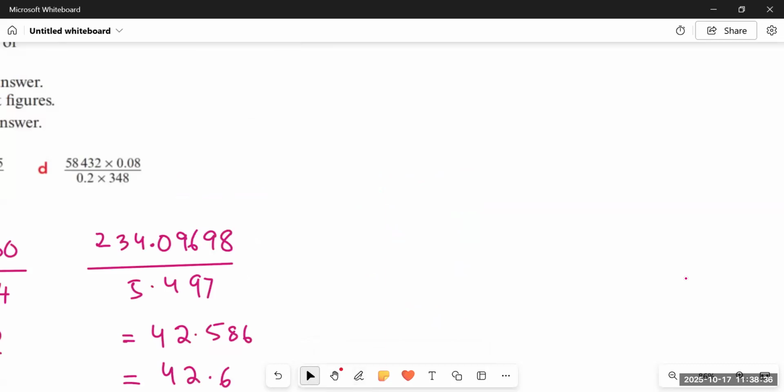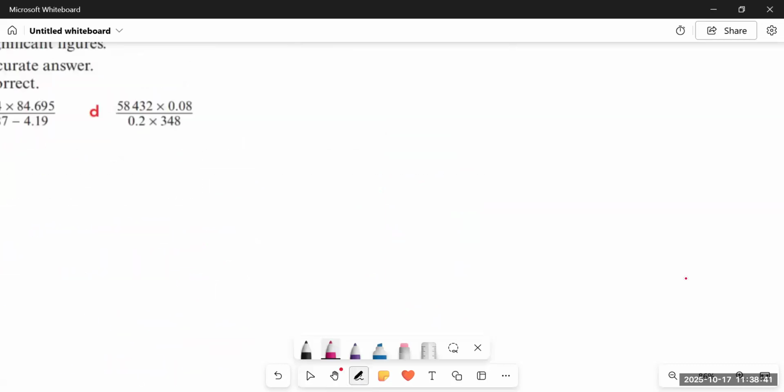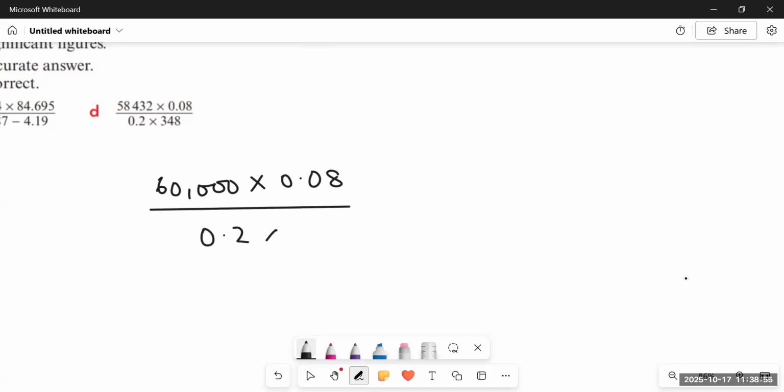And now the last one, you have to do it the same way. 58,432 would become 60,000. Multiply by 0.08 would remain the same since it has already one significant figure. 0.2 would remain the same, and 348 would become 300. So we will multiply 6 with 8.